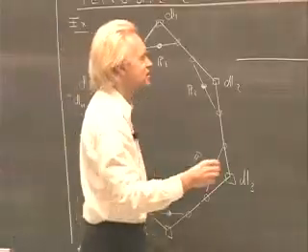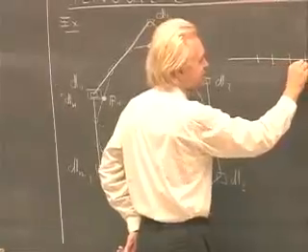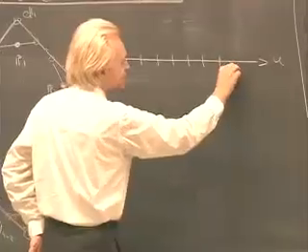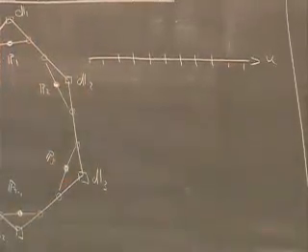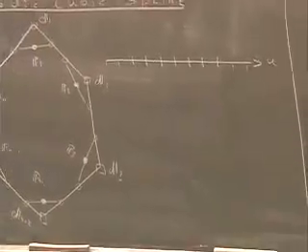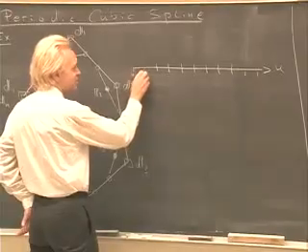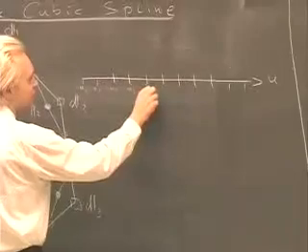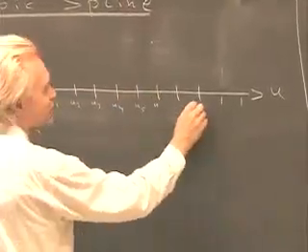6 segments means there are 6 relevant intervals here. And then I needed these additional ones, 2 to the right and 2 to the left. And I give these knots, those are called the knots, names. So this would be U0, U1, U2, U3.